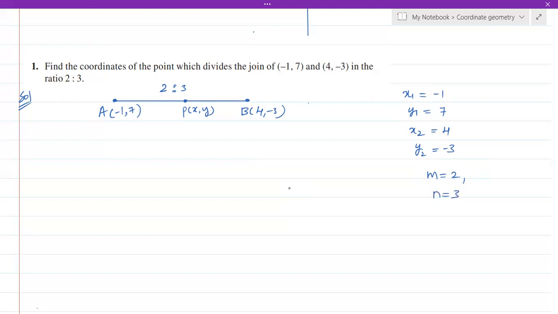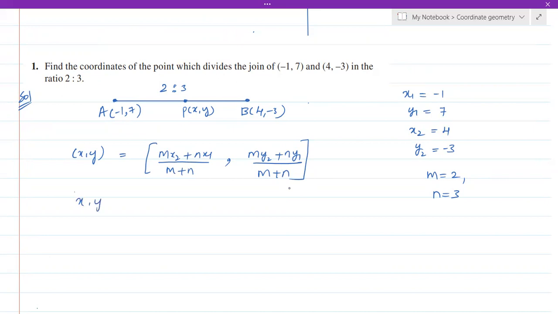So let's write down the formula. The point P at x, y is equal to (mx2 + nx1) divided by (m + n), comma (my2 + ny1) divided by (m + n).